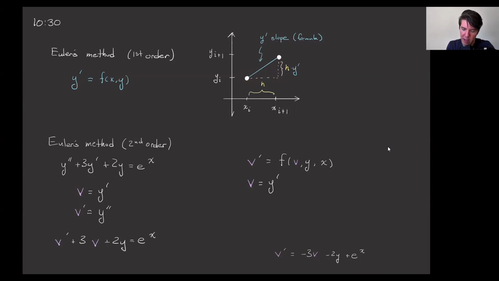In order to get this side of this right triangle, notice this triangle has a base of h. It has a hypotenuse that's actually of y prime. Just doing a little bit of geometry, you just need to know how slope works, rise over run. In order to get this height right here, it has to be h times y prime.